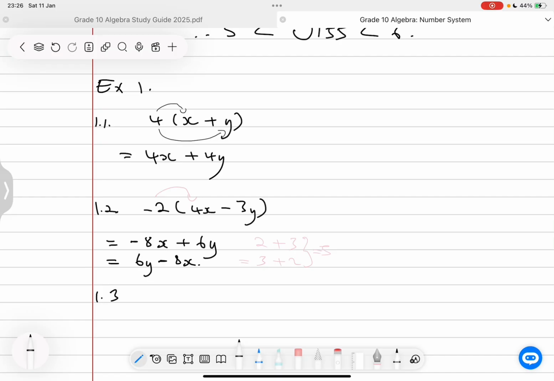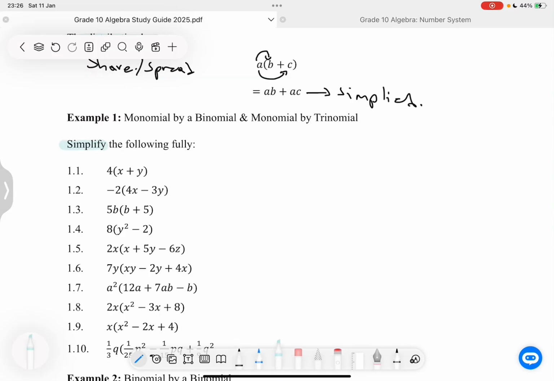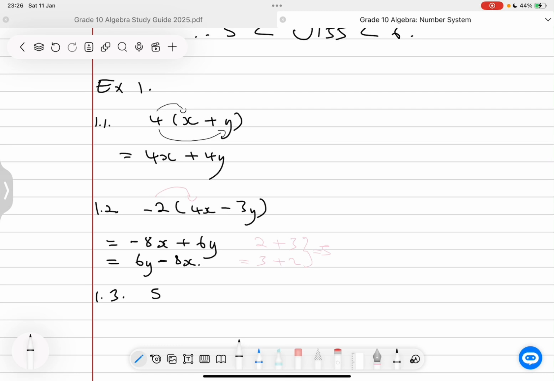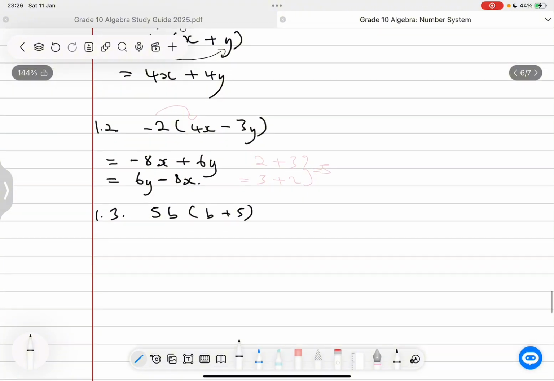We're going to go to question 1.3, which says 5b times b plus b. 5b times b plus a 5, right?